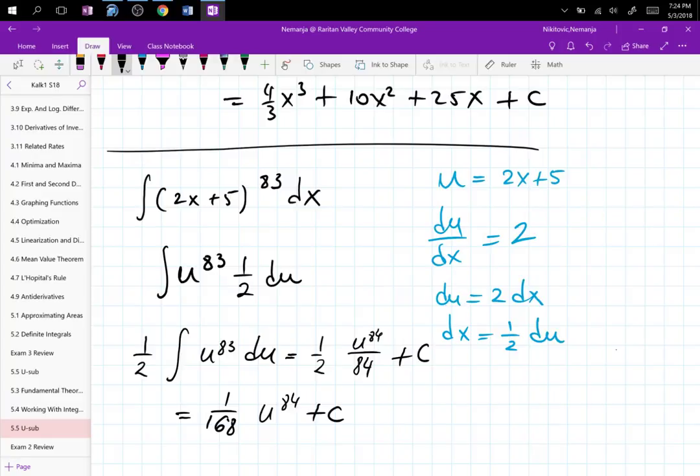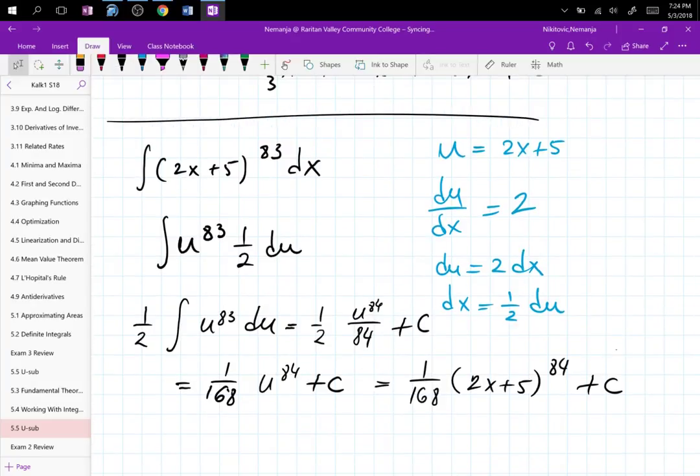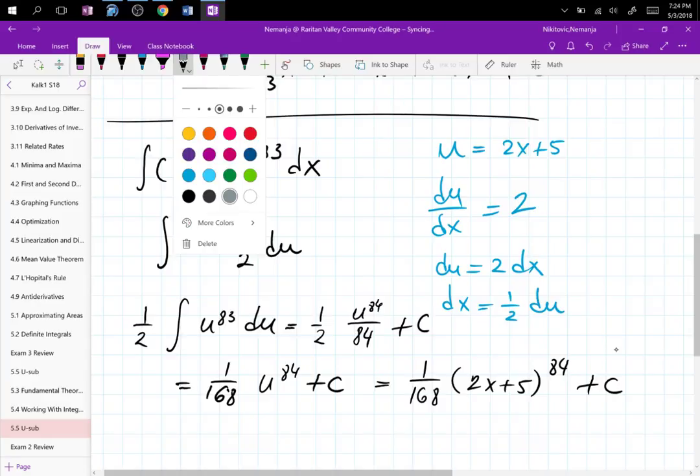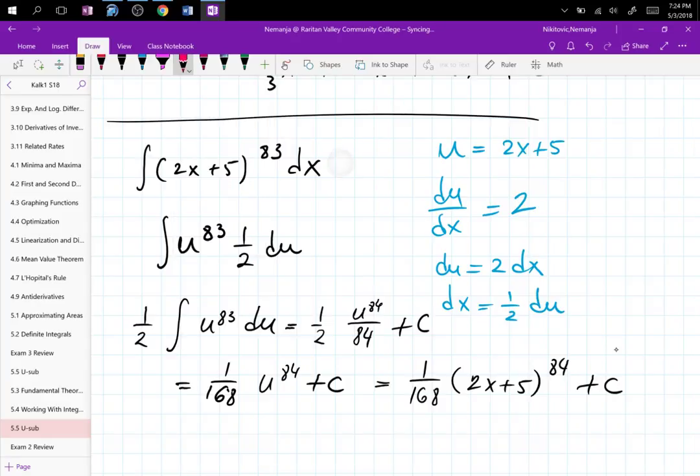So instead of u to the 84, I will write what u is, and that is (2x plus 5) to the 84, and then plus c. And that is the answer. So the answer has to be in terms of the same variable as the original problem.